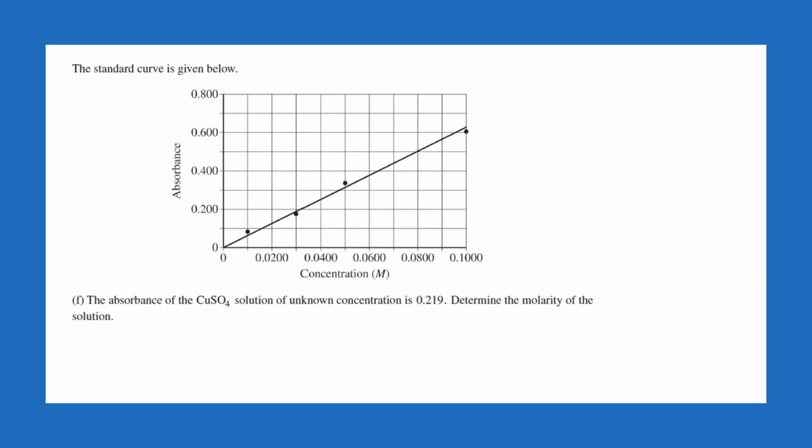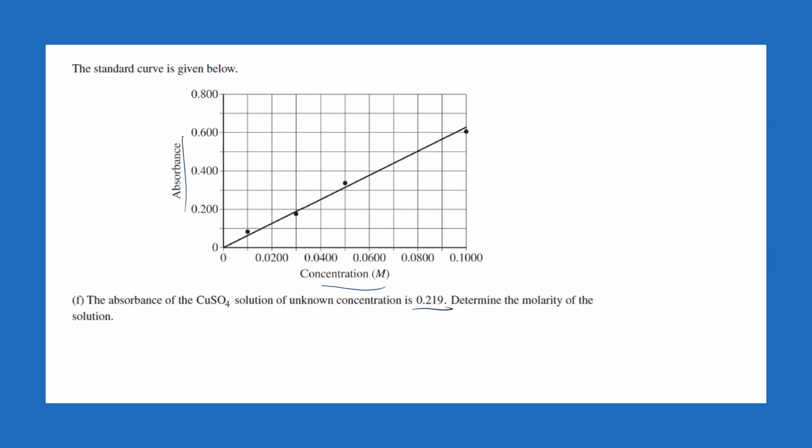So here's the standard curve, or the calibration curve. Absorbance is on the y-axis, concentration is on the x-axis, and then it says the absorbance is 0.219, determine the molarity of the solution. So you can really just estimate on the graph here.